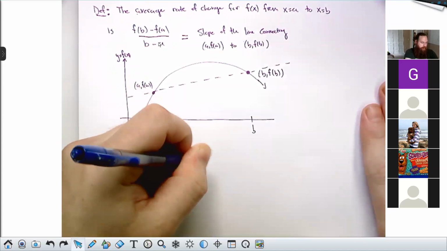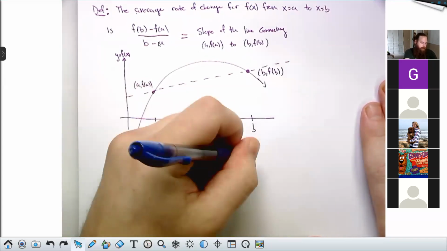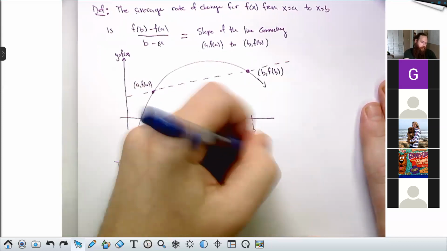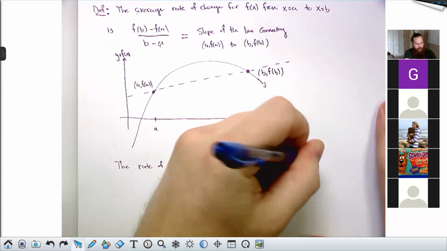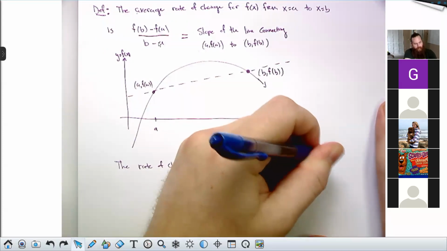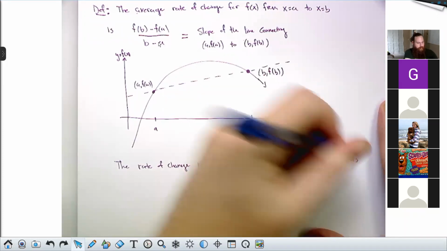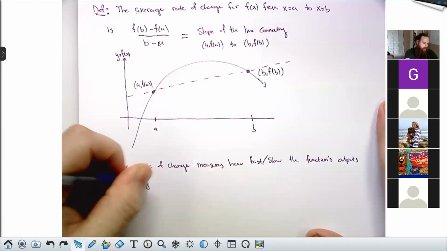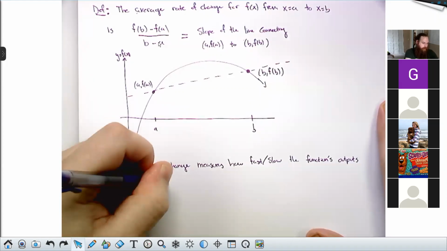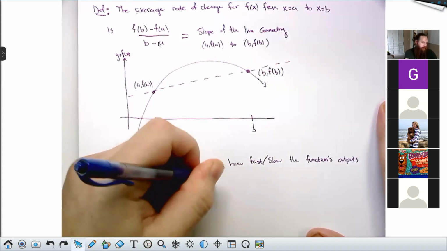So the rate of change measures how fast or slow the function, specifically the function's outputs, are changing as the inputs change.